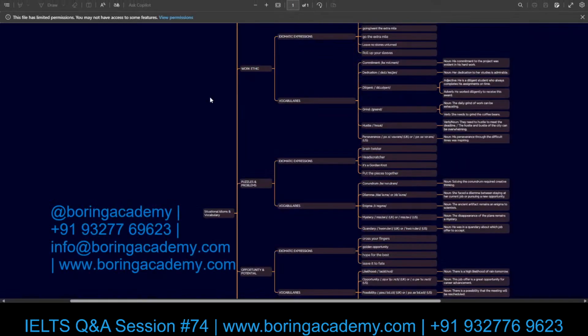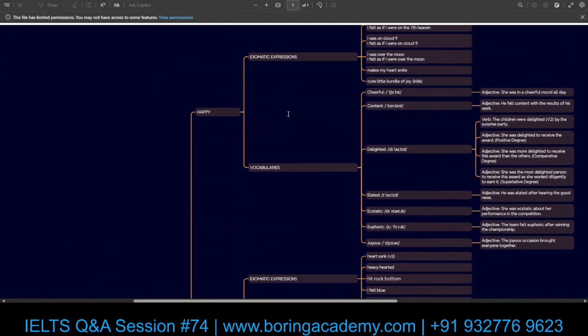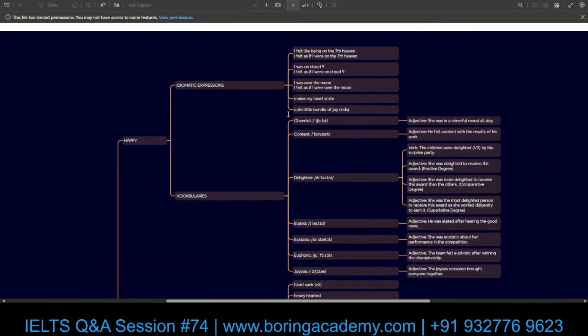So I named the file situational idioms and vocabulary. Did I send you this file the last time? Yes, sir. Right, so just make sure that you go through this situational idioms and vocabulary. And if you don't have this file, just drop me a DM. I'll send it to you later on.